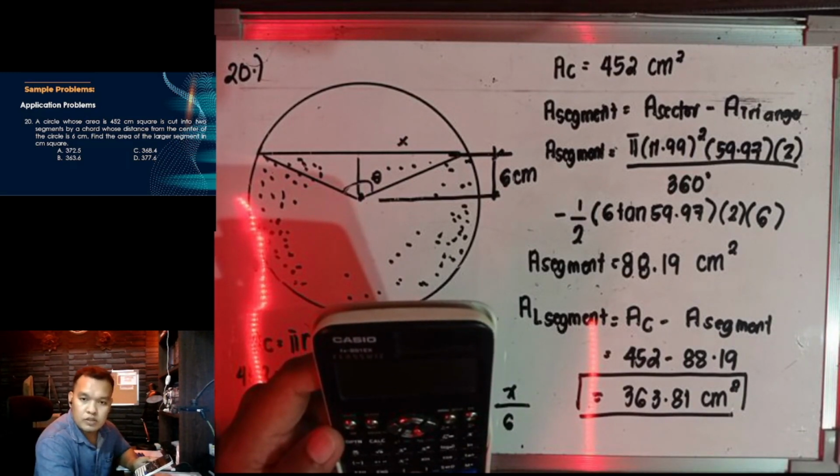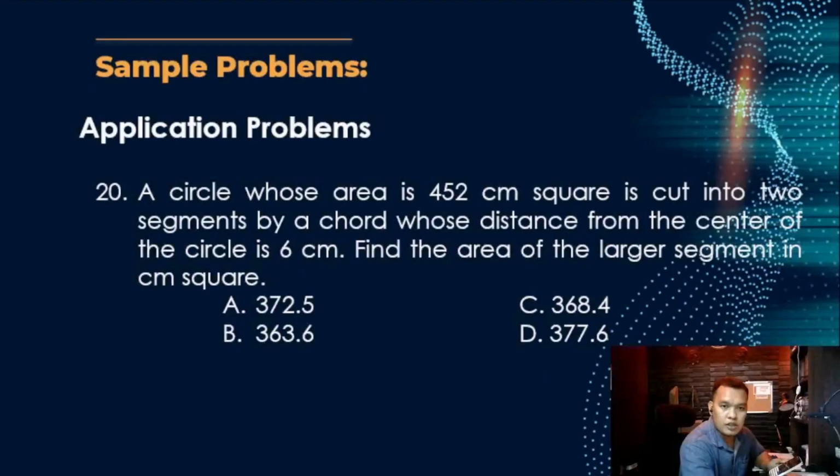Okay, so let's check. So the answer is 363.81. So ang pinakamalapit po sa choices natin is letter B, which is 363.6. Siguro baka pag round off natin or baka ni-round off agad into 60 tong nandito, ito ay 12.